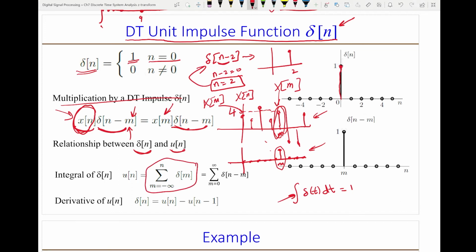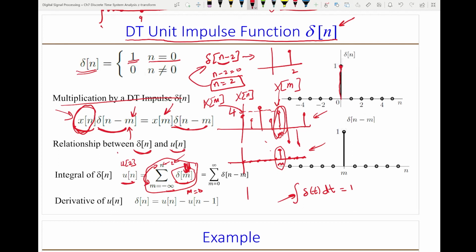If, for example, I want to know what u of n is at n equal 2. Then the upper limit here will be 2. And then I will sum a delta function at m from minus infinity all the way to 2. Well, that delta function always equals 0 until its argument, that means until m is 0. And m equals 0 is in this limit. So I will get 1.